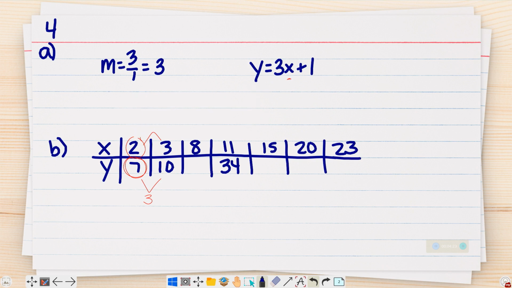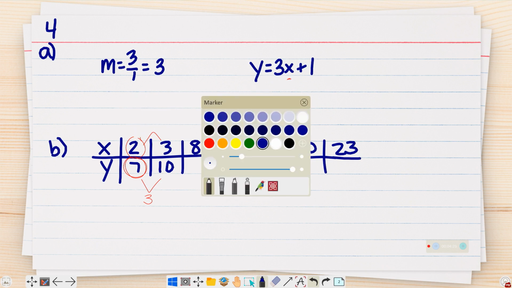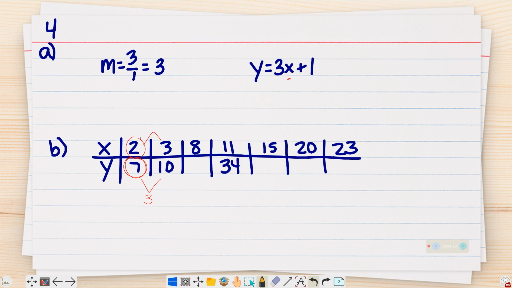In part B, I am asked to finish the table. If I put in an 8, 8 times 3 is 24, plus 1 makes 25. If I put in 15, 15 times 3 is 45, plus 1 more makes 46.